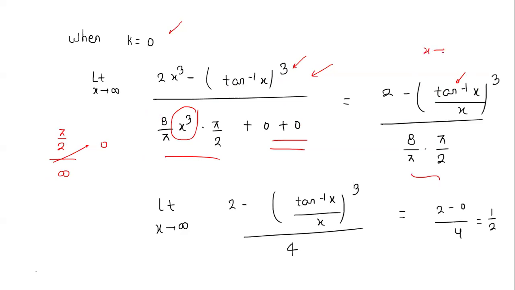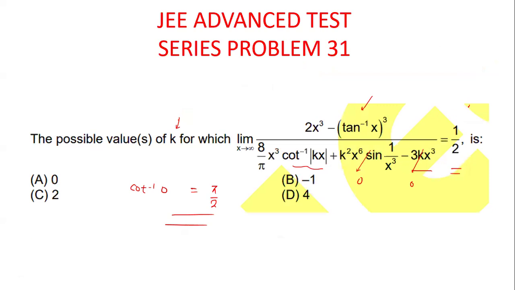So for x tending to infinity, this limit will go to 0, and the remaining thing is only this 2, and here you will have this 4. So this will become 2 by 4, which is equal to half. So for k equal to 0, this limit value is half, and so k equal to 0 is one correct option.